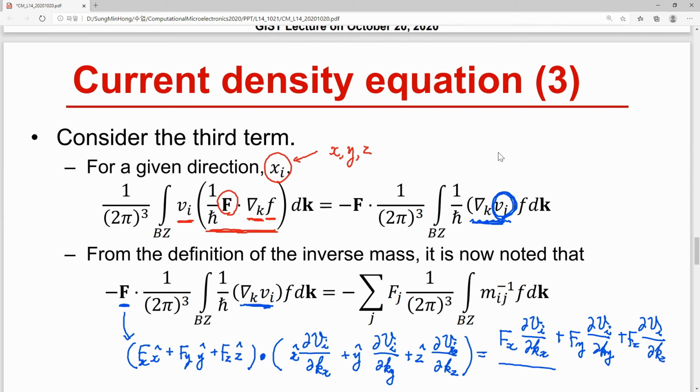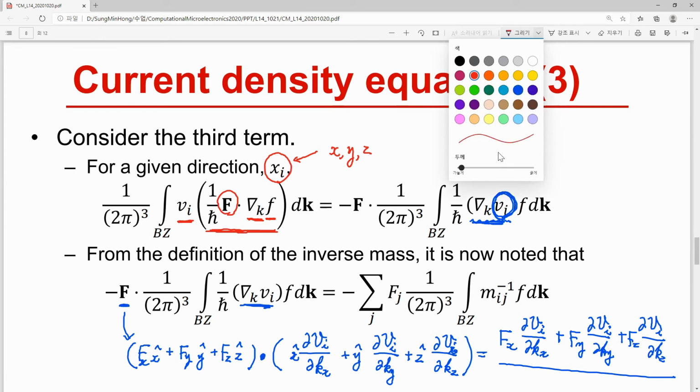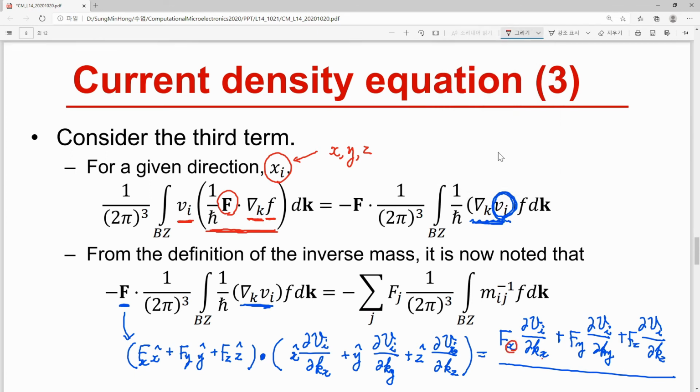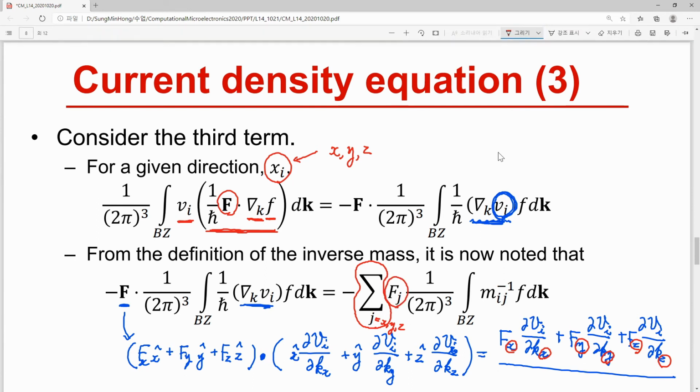So here the indexes are just repeated x, y, z. In this notation, I just introduce j, and this j can be either x, y, z, and here we have f_x, f_y, f_z.